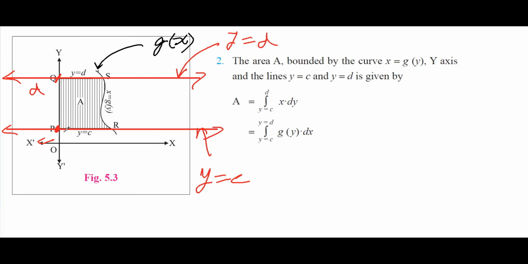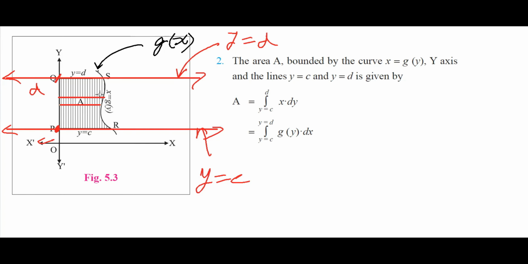So I have to integrate to find the area of this part. To find the area of this part, what I need to do? I need to first take a small portion. Where and how will I take the small portion? I will take a small portion like this, from here to here, and then from here to here.